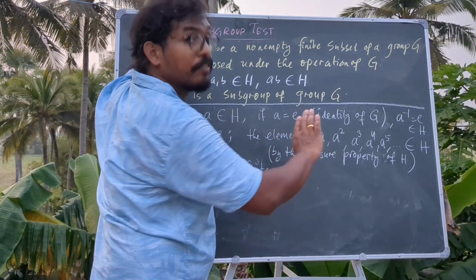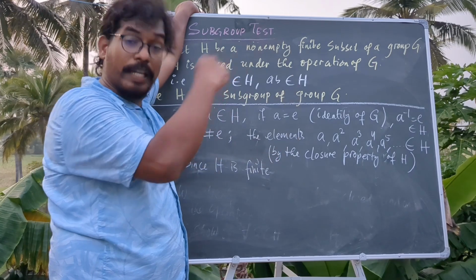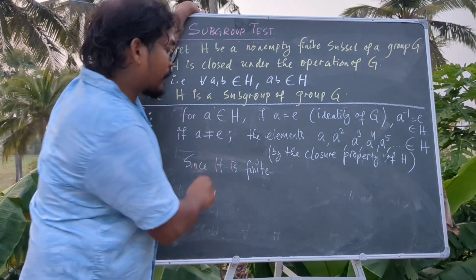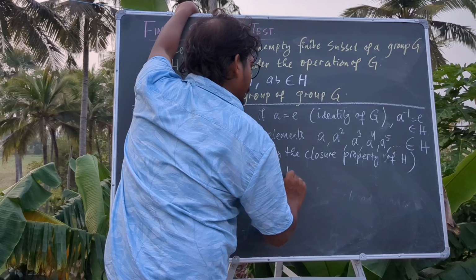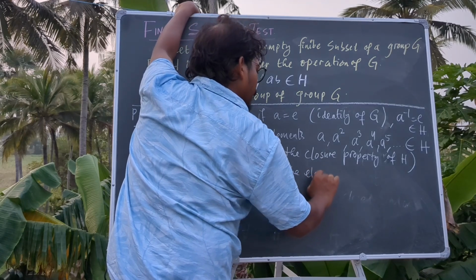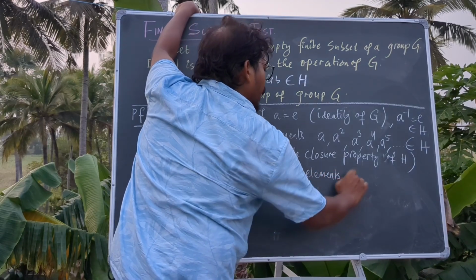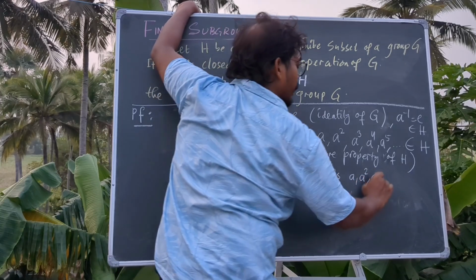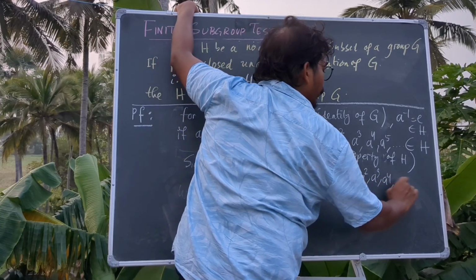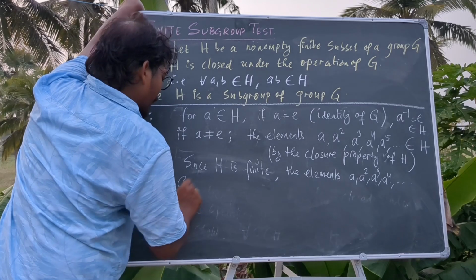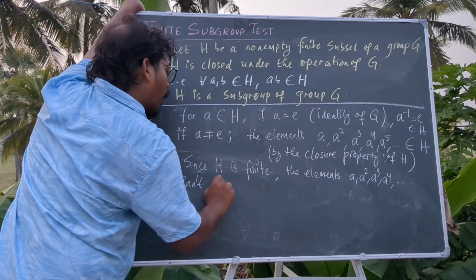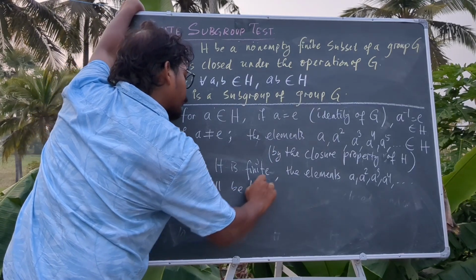If they all are different, then we will get a contradiction. Since H is finite, the elements a square, a cube, a to the power 4 and so on can't all be distinct.